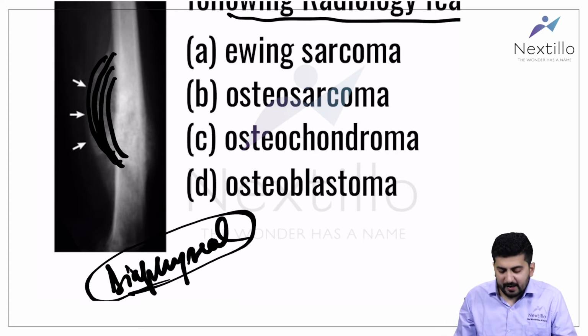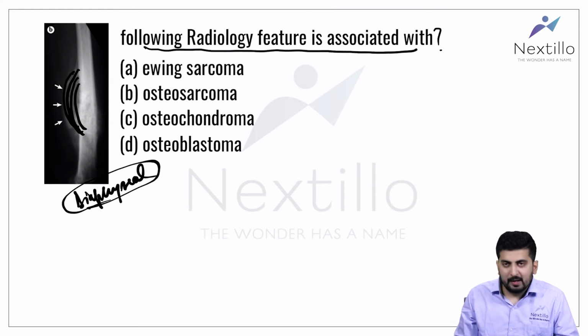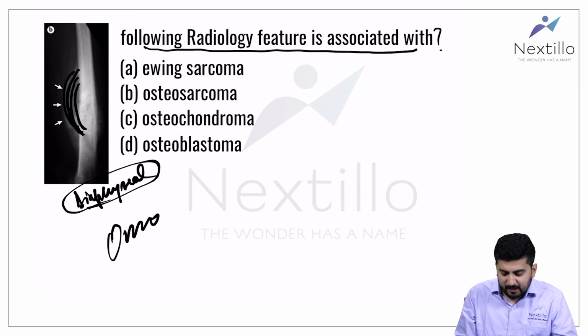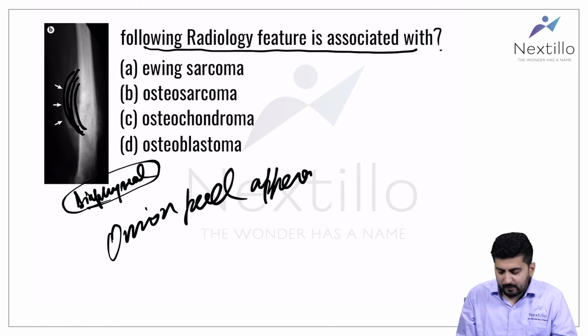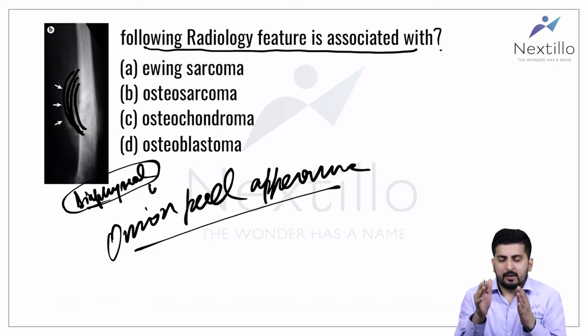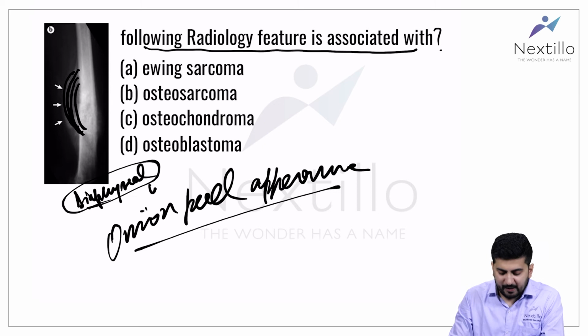Now this layered reaction of the periosteum laid one layer over the other is known as an onion peel appearance. So a diaphyseal tumor with an onion peel appearance, the most likely diagnosis should be Ewing sarcoma, and that is the best option to be marked in this scenario.